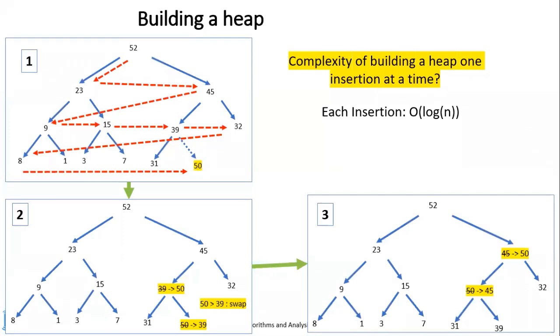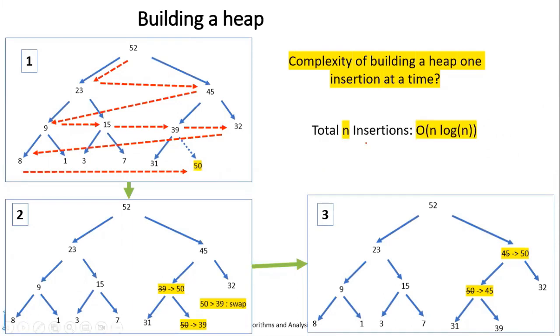And because now you're multiplying it by the total number of times that you had to apply it, you can see that it's going to be an n log n operation. So for n insertions, it's going to be n log n.